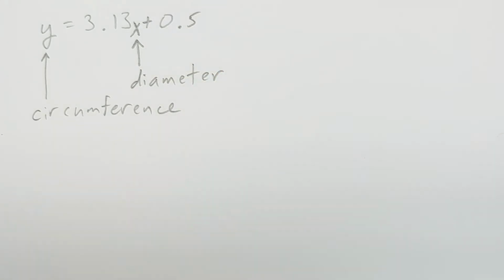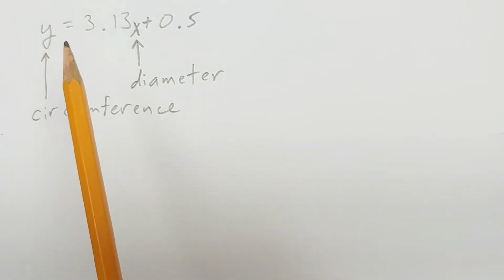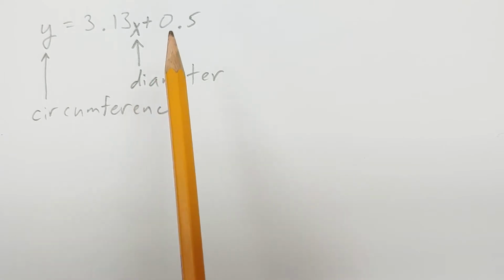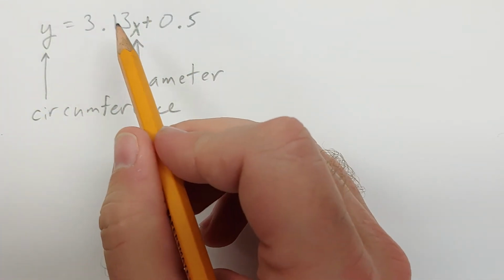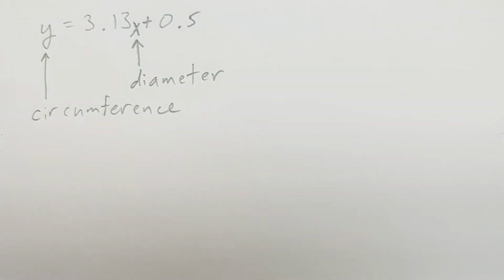So that makes sense. That's what the graph is telling us. The circumference is something times the diameter plus something. So then we want to figure out what is going on with these two numbers. What is the significance of those? Are those supposed to be some sort of constant, or do they depend on a particular situation?